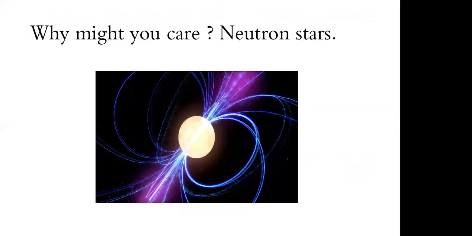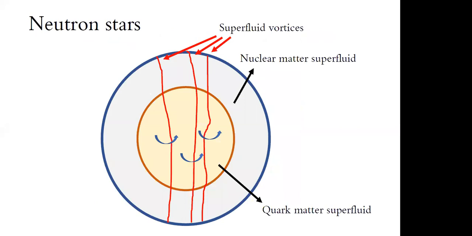So why might one care about this? Of course, I don't have to discuss this much. If you care about neutron stars, you would care about dense superfluid matter. Here is a cartoon of one of the possible cases. What I'm showing here is a neutron star, where I have almost eliminated the crust.